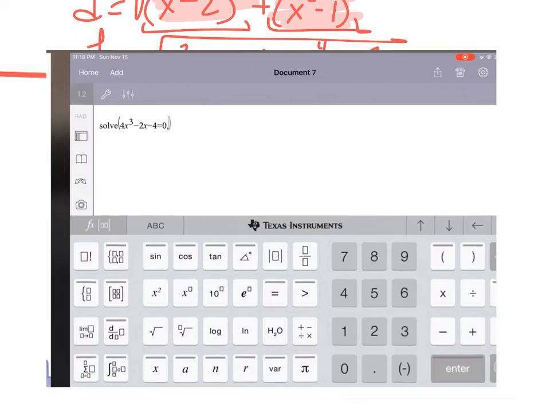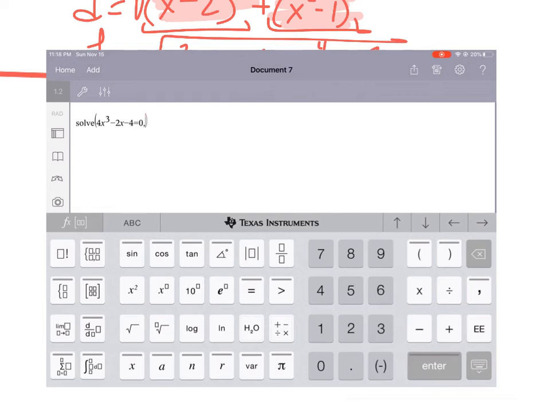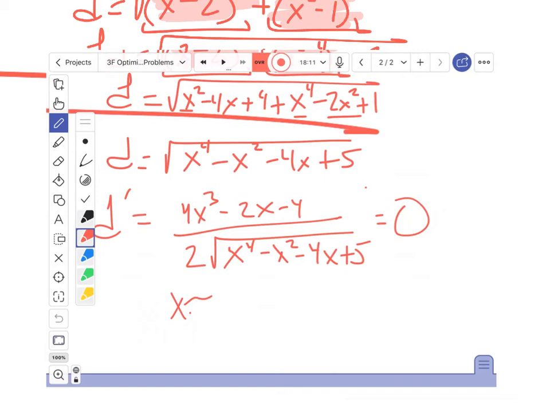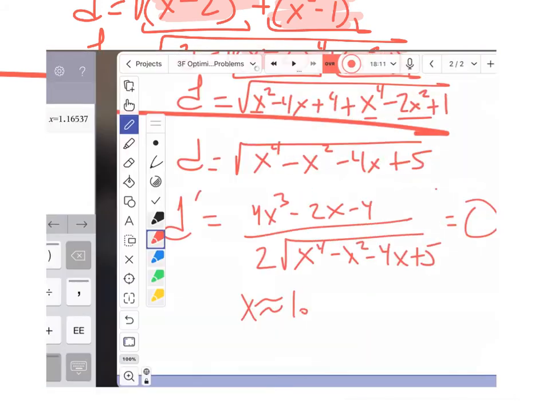We're telling it what to solve for. And there's our answer, 1.1653. So x is approximately 1.16537.